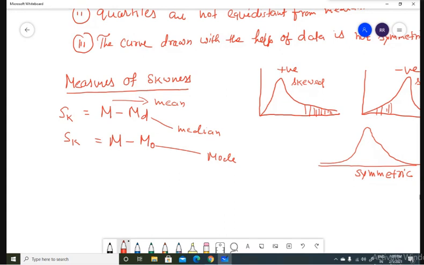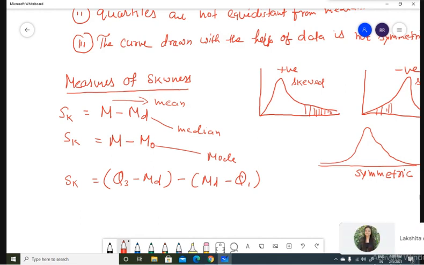Another measure of skewness based on quartile deviation is SK is equal to Q3 minus median minus median minus Q1. As you know, Q1 and Q3 are the first and third quartile.